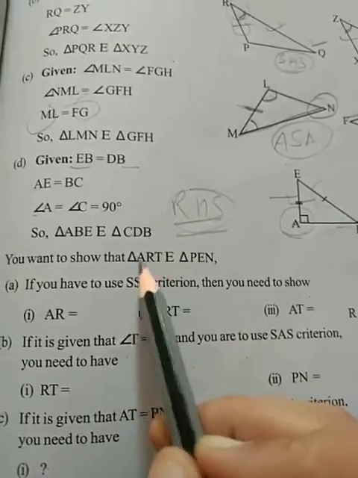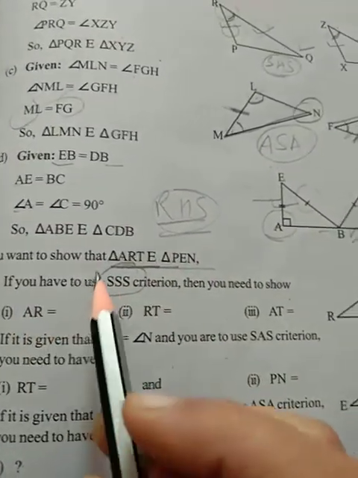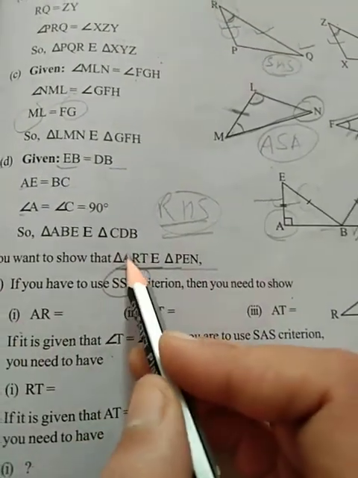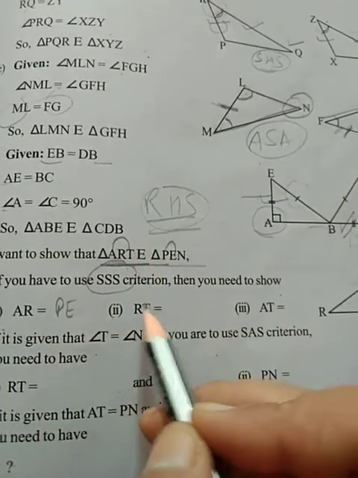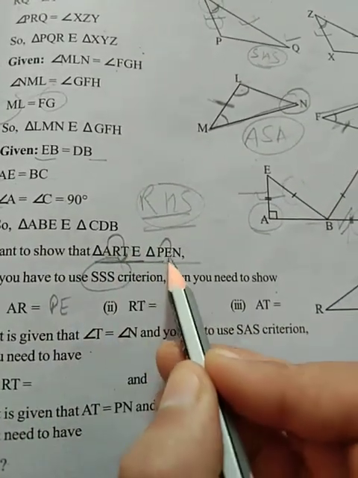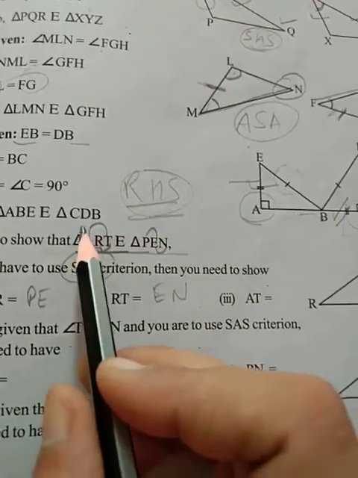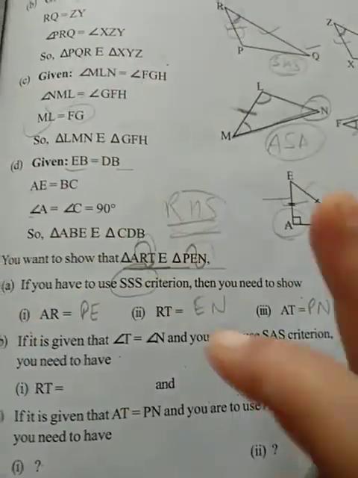They are given, they are congruent. By SSS criteria, if you have to show congruent, then you will write the three sides. AR will go with PE, so here you will write PE. RT will go with EN, and AT will go with PN. Then they are congruent.